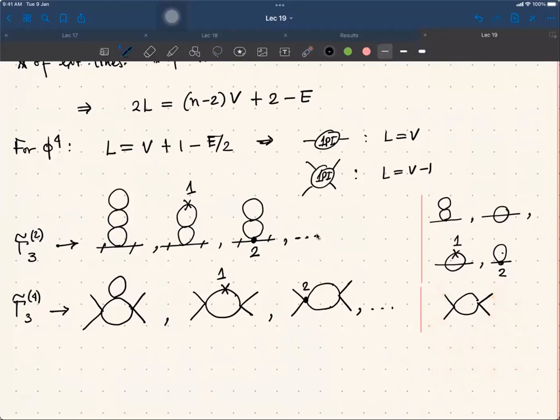So you have to sum over channels also. So you take this diagram.